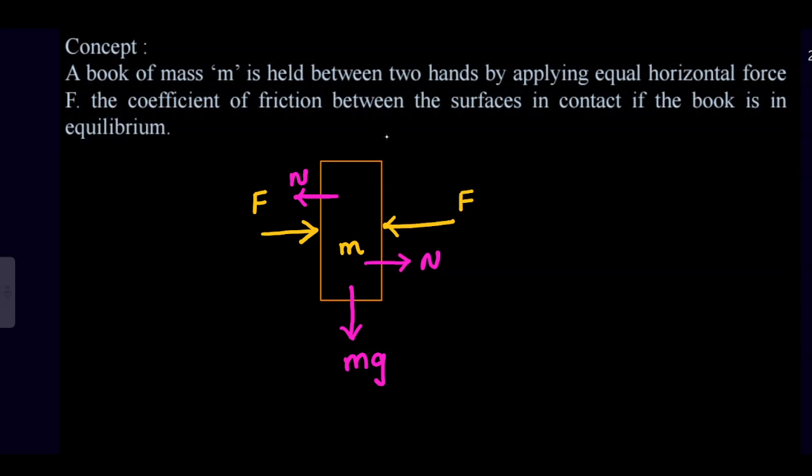Here we have contact between the hands and the book, so friction is there. And here also there is contact between the book and the hands, so frictional force is there. Whenever there is contact, we have friction.